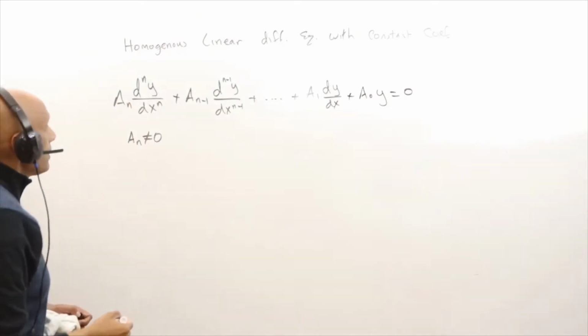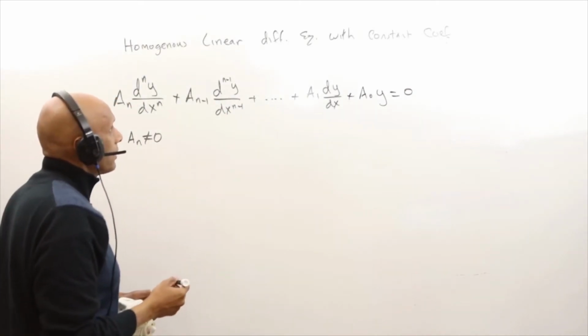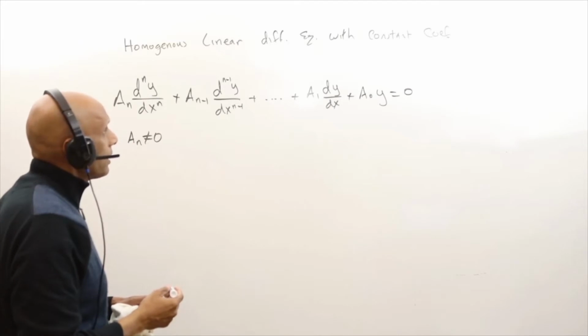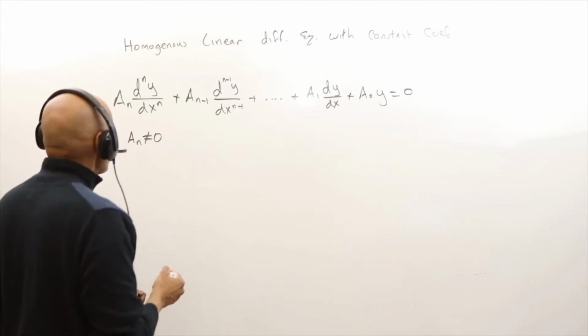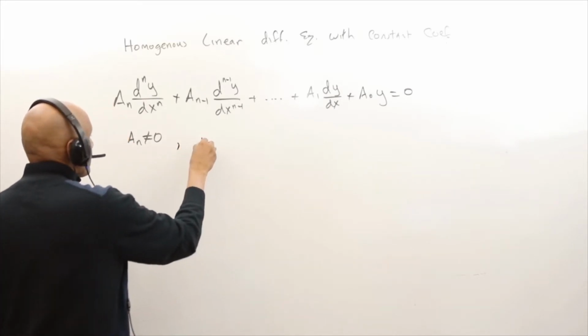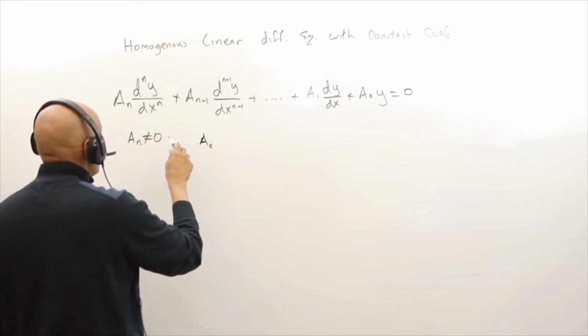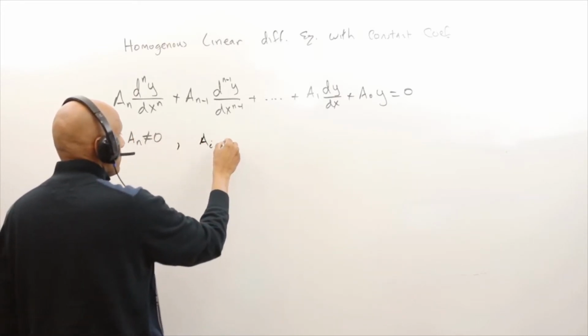This is called a homogeneous linear differential equation with constant coefficients. So we're assuming that ai, from an all the way to a0, are constants.